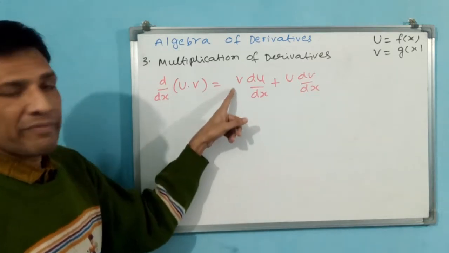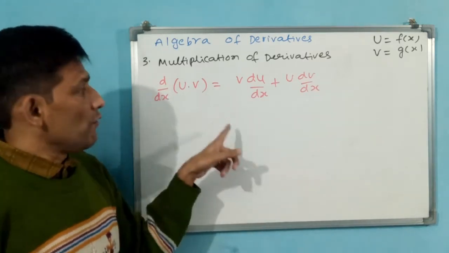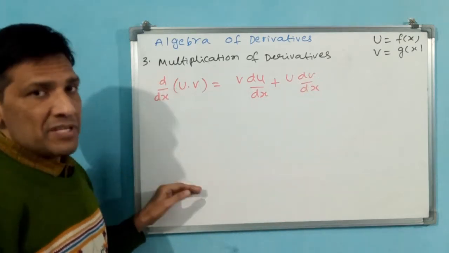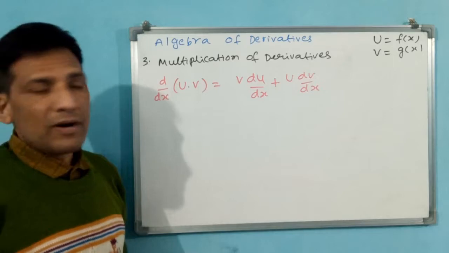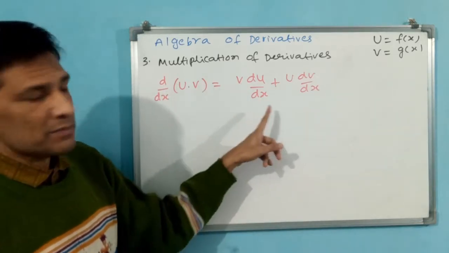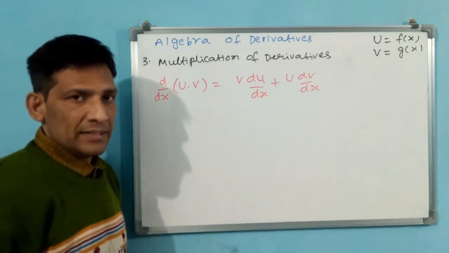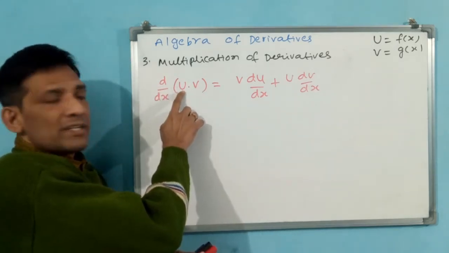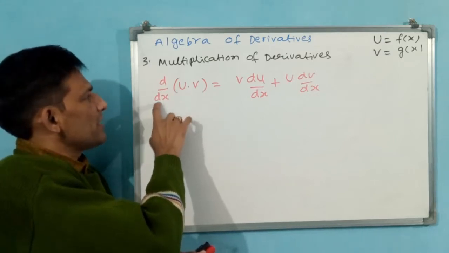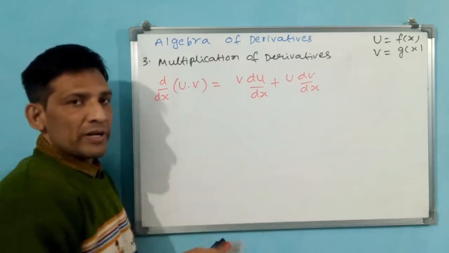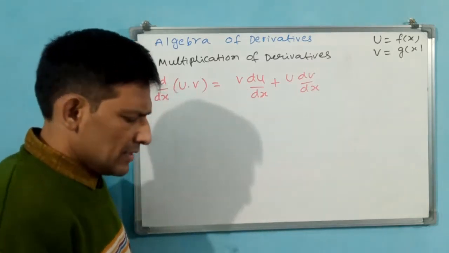But why I am preferring to write first v du by dx, then u dv by dx: in division, this order will follow. Here minus will come. That is why you practice this, v du by dx plus u dv by dx. That means first one you differentiate and multiply with the second one, like du by dx into v. But like this also you can write it.